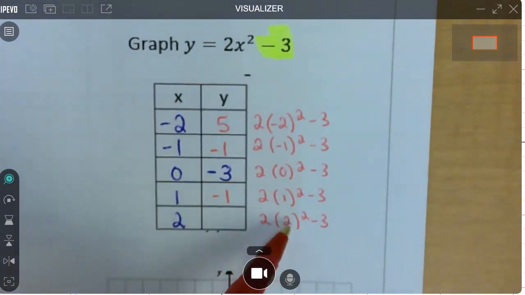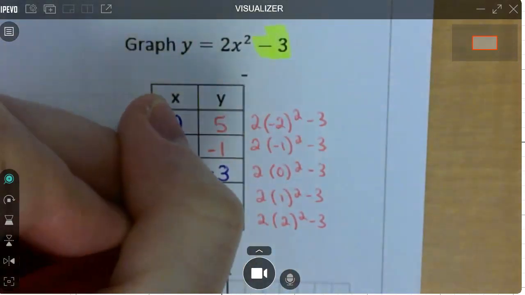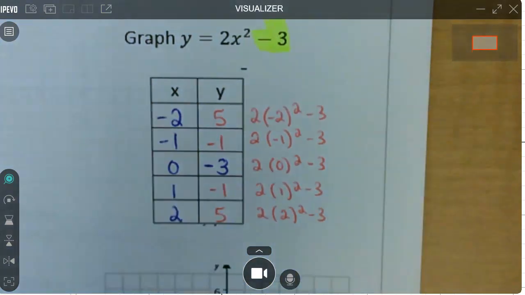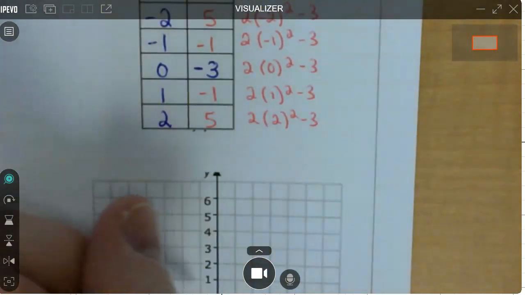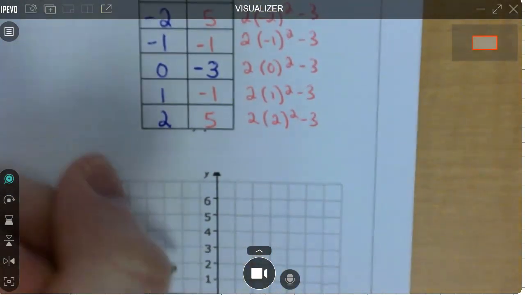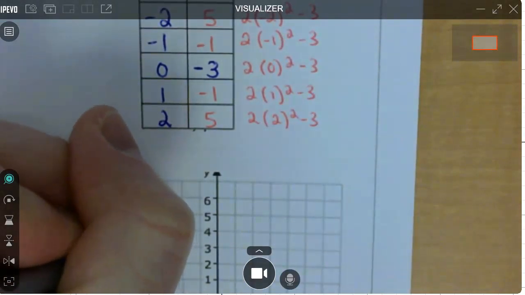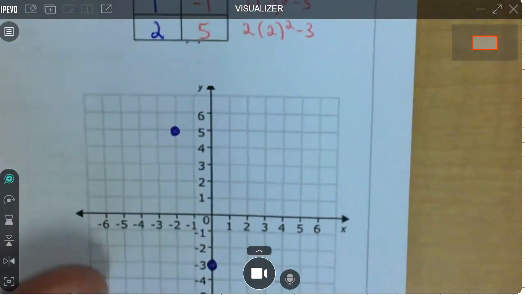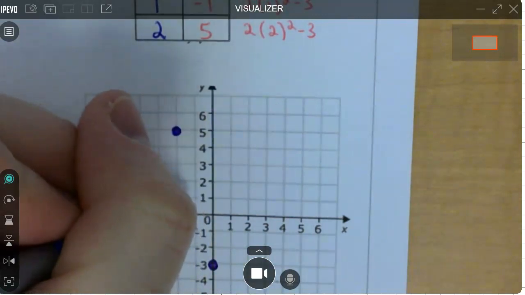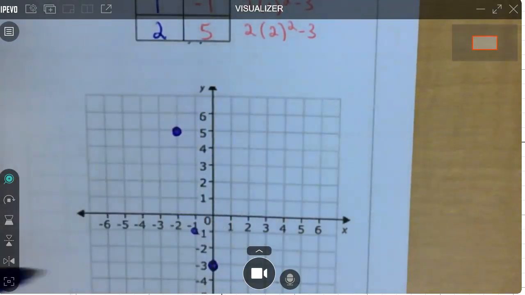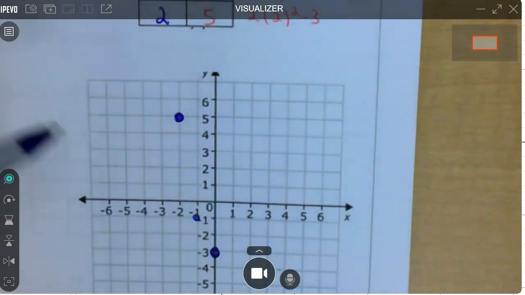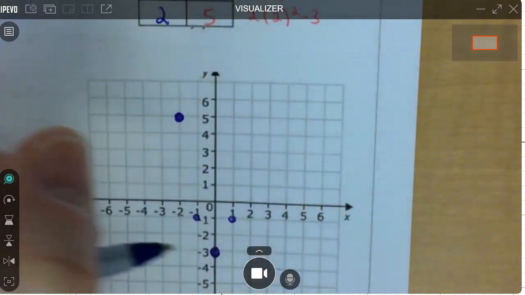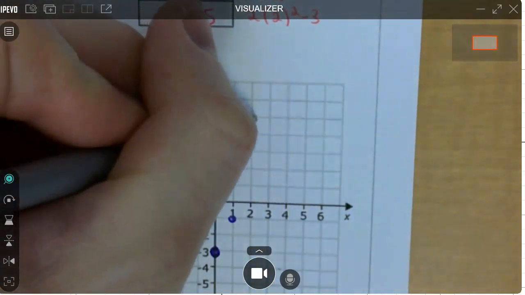And 2 squared is 4, times 2 is 8, minus 3 is 5. So now we plot these. We're at negative 2, 5. It's right there. Then we're at negative 1, negative 1, right there. We're at positive 1, negative 1, right there. And lastly, we're at 2, 5.